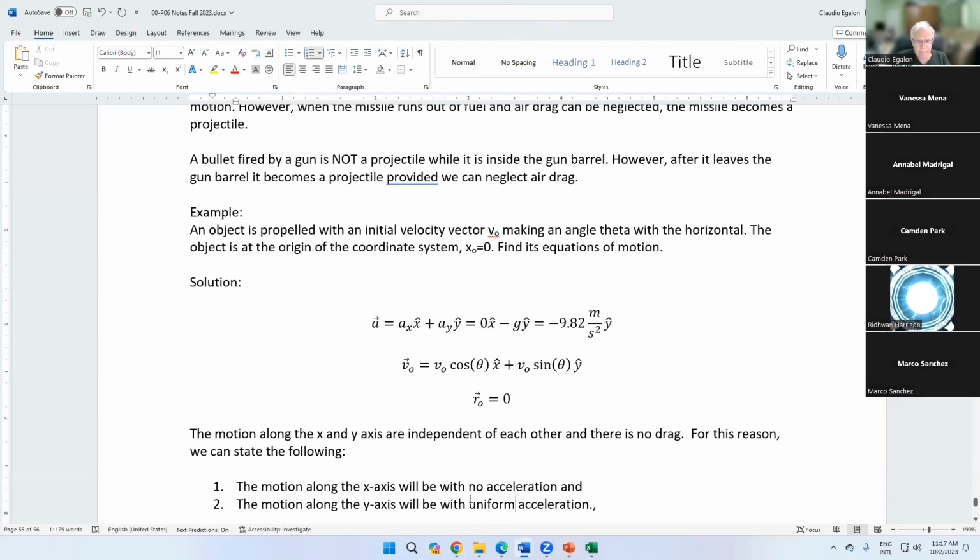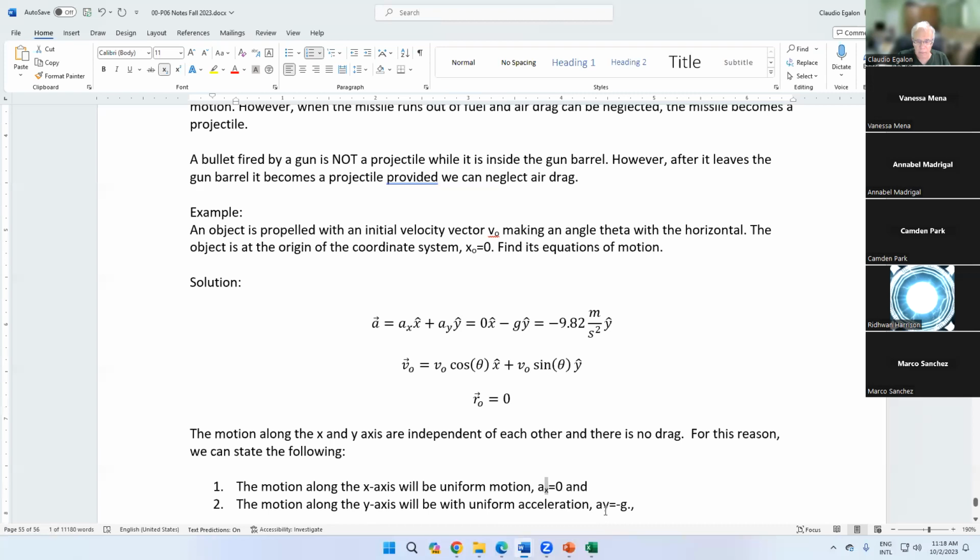The motion along the x-axis will be uniform motion, and uniform motion means ax is equal to 0, and the motion along y will be with uniform acceleration, ay equal to minus g.